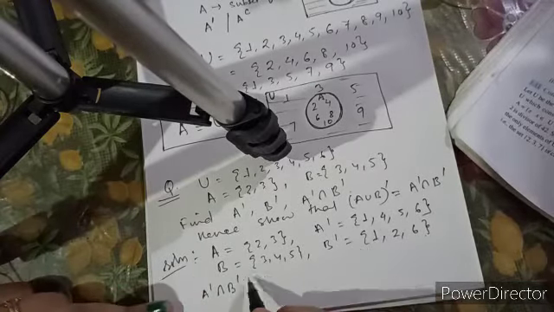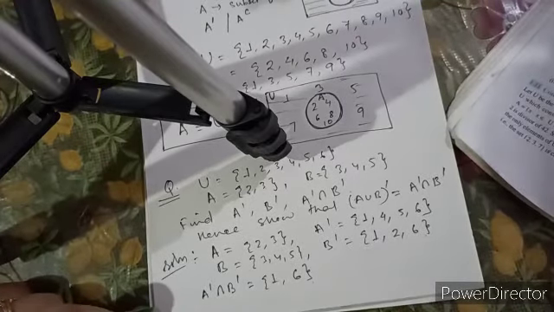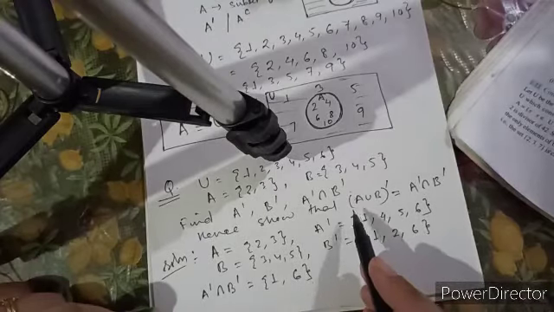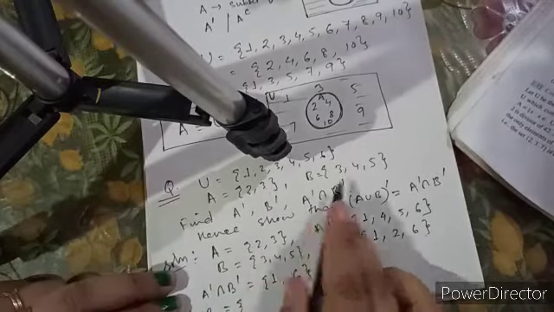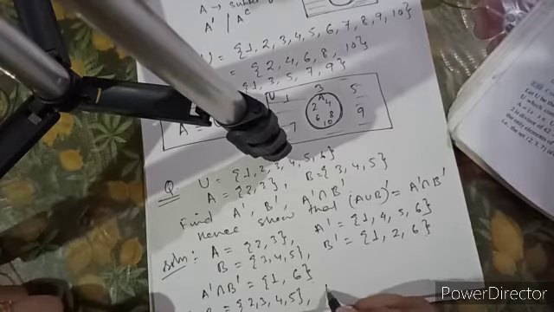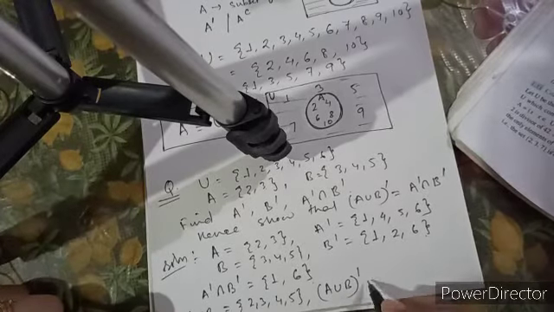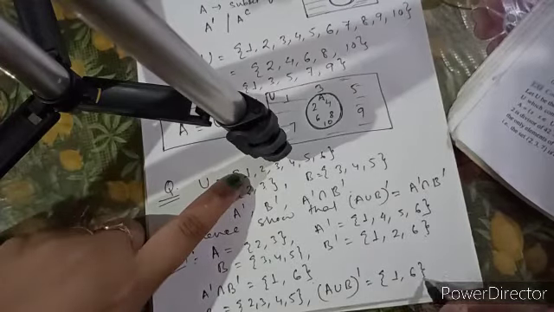What is the common element between these? It will be 1 and 6. Next you have to prove that A union B complement. First you have to find A union B, which will be 2 3 4 and 5, but A union B complement will be 1 and 6, isn't it?